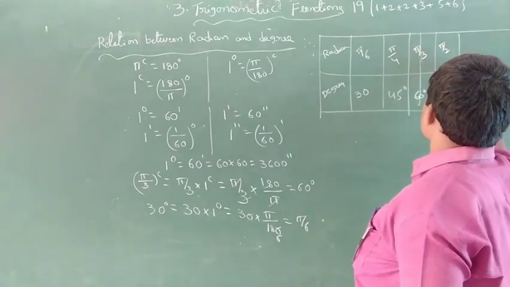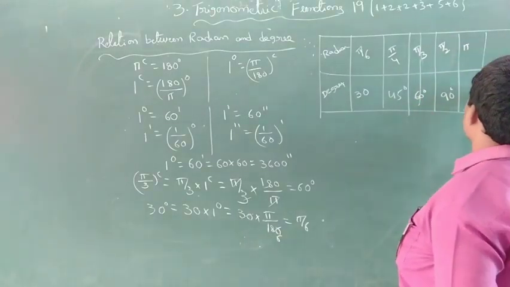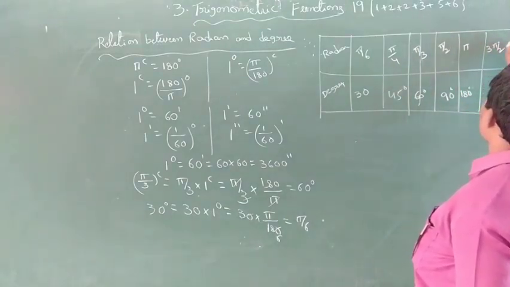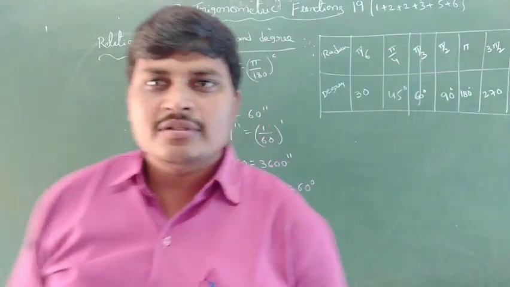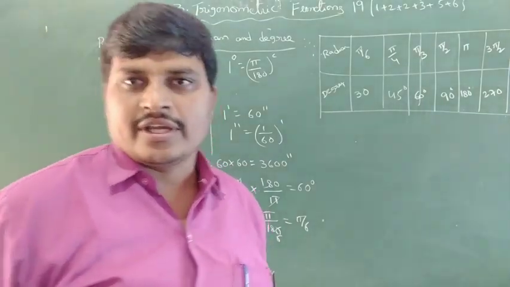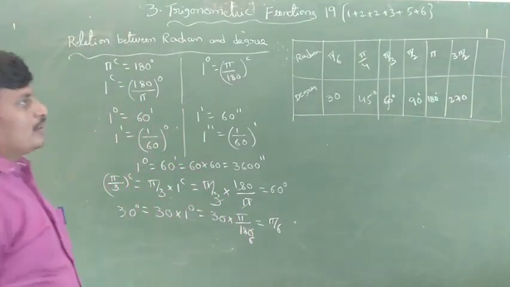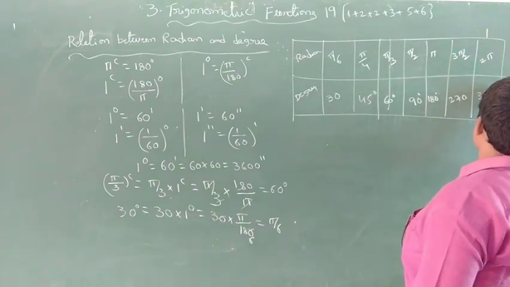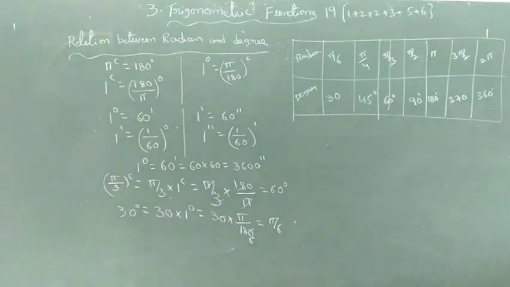Pi by 2 radians is equal to 90 degrees. Pi equal to 180 degrees. 3 pi by 2 is equal to 270 degrees. 2 pi is equal to 360 degrees. Look at this and write down.